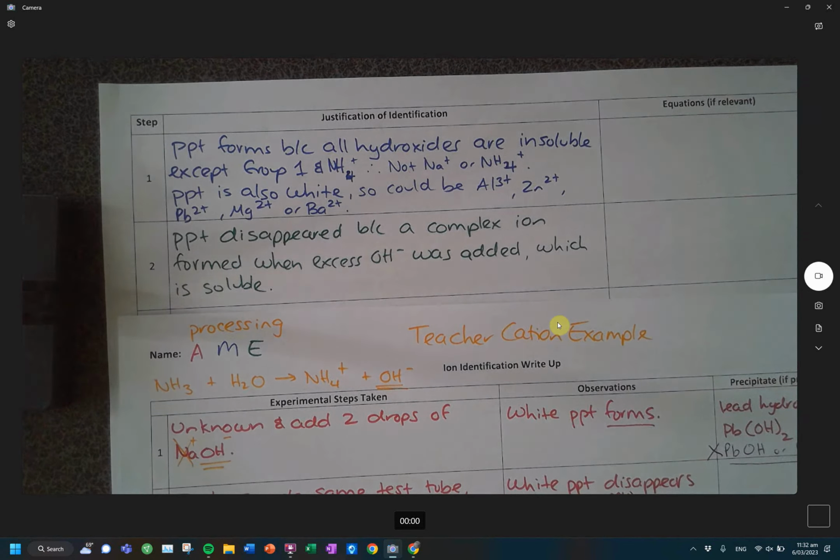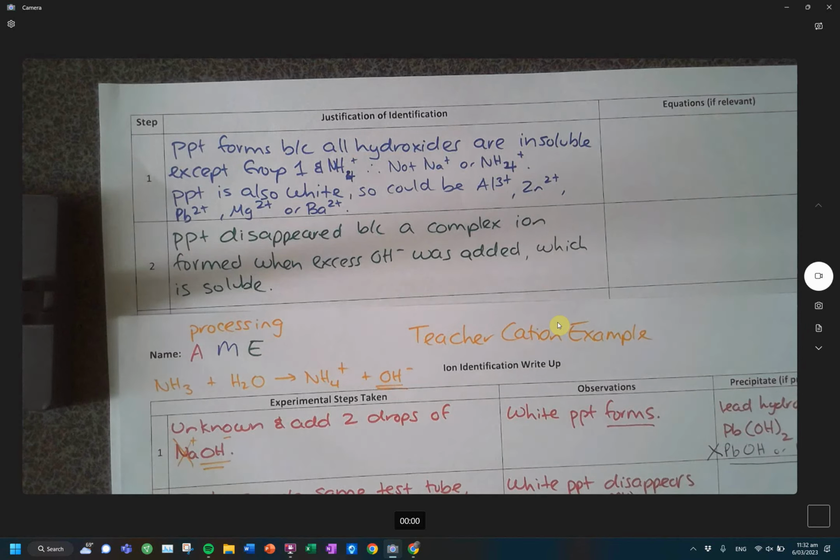So that's actually an excellence level assessment. If you leave that blank and you don't want to explain why it's being dissolved, then you're only going to get to the merit.